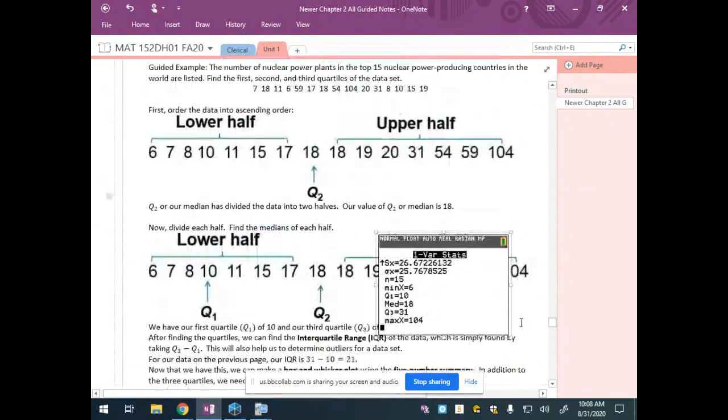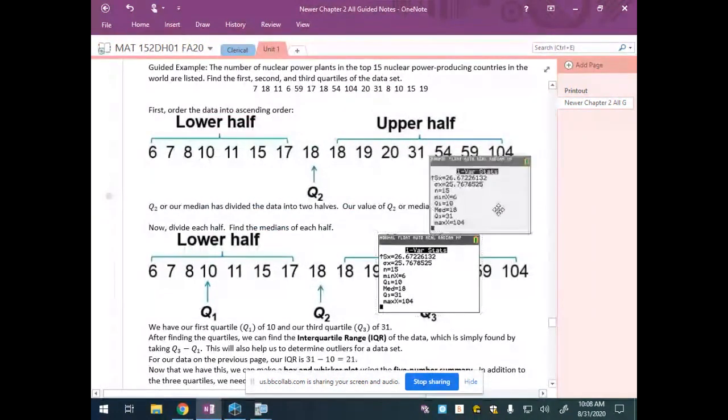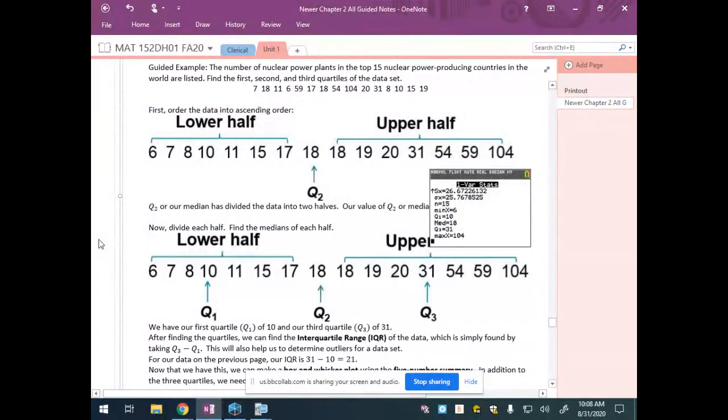This shows you how to do it by hand. We learned that the median is 18. Well, the calculator also says that. Now, if we divide each half, we find the medians of each half. There's your first and third quartiles, and as you can see, they're right there.